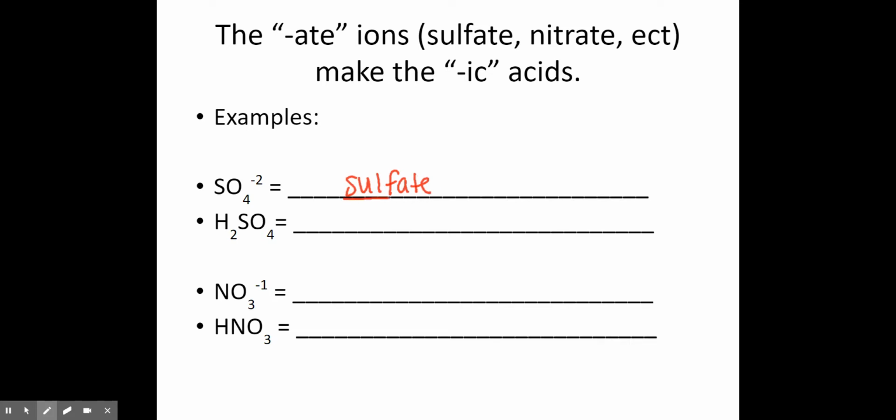So we take this sulf, and we know that that's sulfur. So this is sulfuric acid. Okay. NO3 is nitrate if we look on our polyatomic ion list. So it is nitric acid.